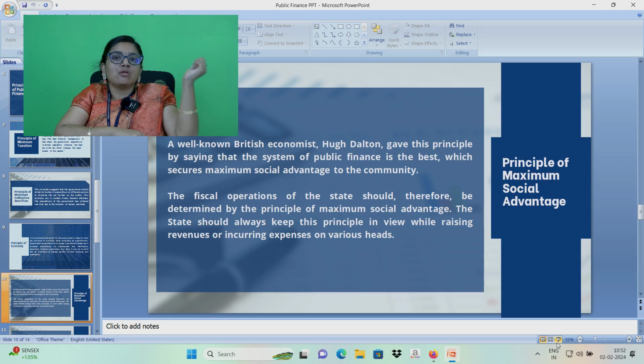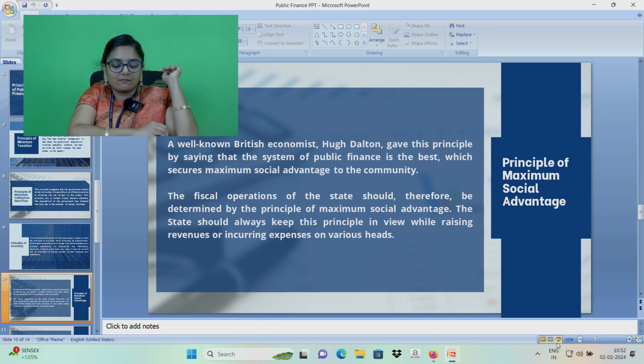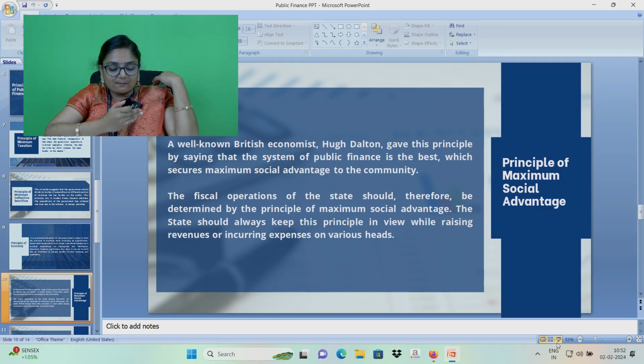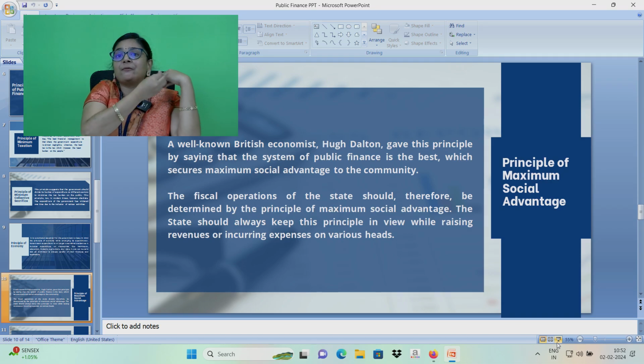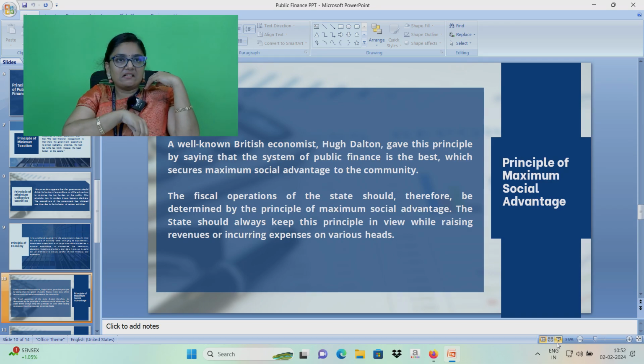The state should keep this principle in mind when raising revenue or incurring expenses on various heads. Taxation normally involves a social burden, so it is considered a social sacrifice made by the taxed groups of the community. Public expenditure confers benefits on the sectors on which it is incurred, so it is considered a social benefit from public expenditure.